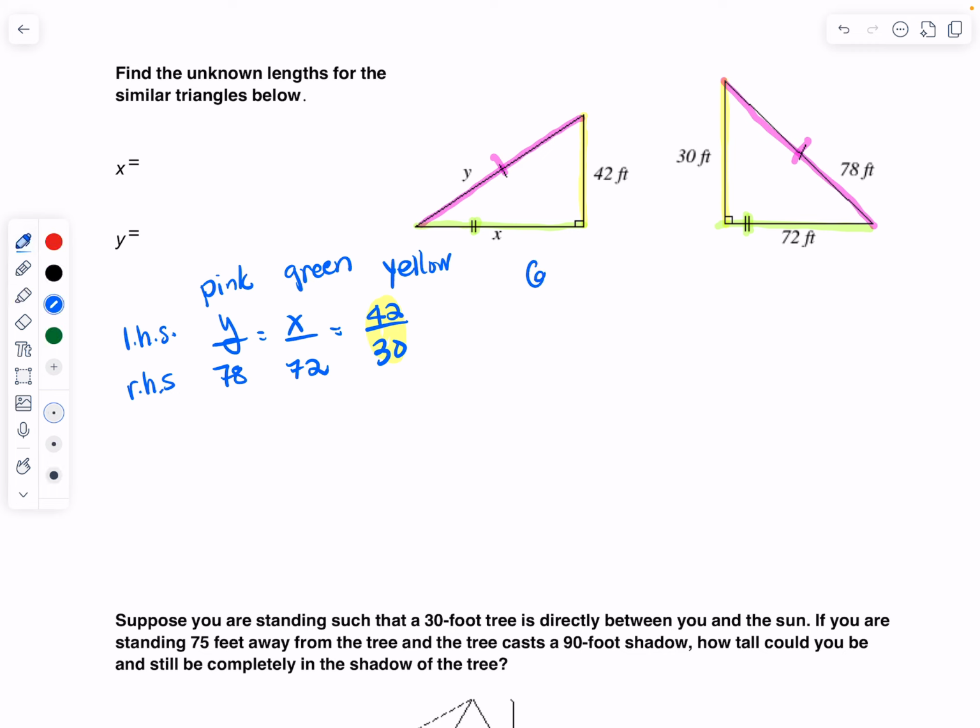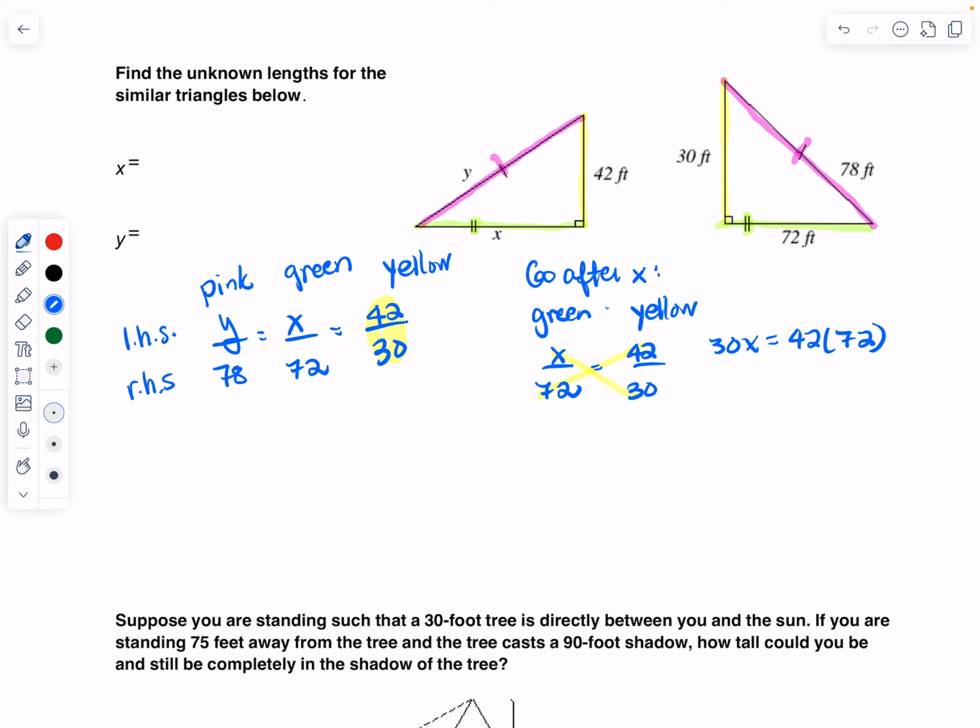So let's go after x. So if I go after x, I'm going to use green and yellow. Okay, so green was x over 72, and that's equal to 42 over 30. So if I cross multiply here, I get 30 times x equals 42 times 72.